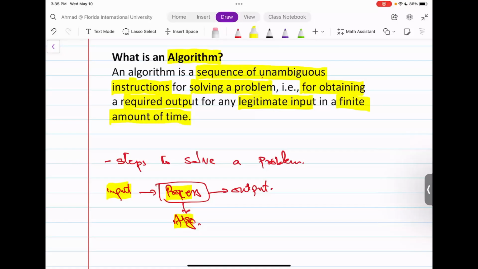What does that mean then? The algorithm exists even before the computers, right? It existed centuries ago. So the algorithms were there, the computers were not there. The algorithms were followed, performed, and used by human beings to follow those steps to generate the output for any legitimate input.